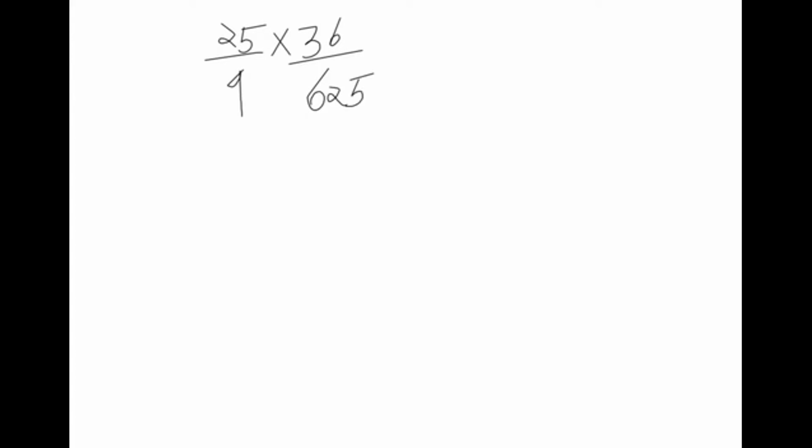So we have to cancel. 25 into 25 is 1, into 625 we have 25. 9 into 9 is 1, into 36 is 4. So we have 4 over 25 as our answer.